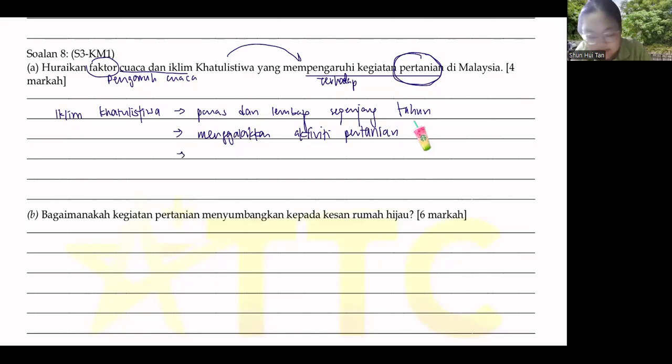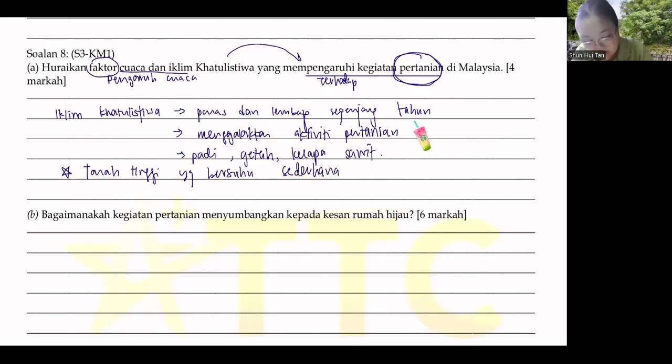They plant padi, getah, kelapa sawit, and cocoa dan lada hitam. Alright. Now, khatulistiwa mah. And then you could also mention di tanah tinggi yang bersuhu rendah or bersuhu sederhana.